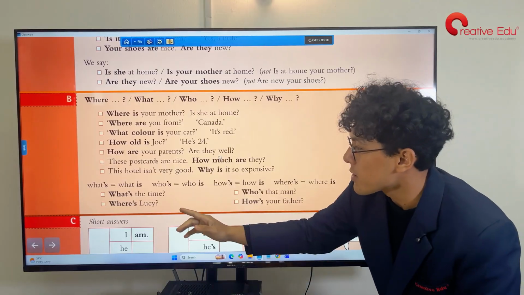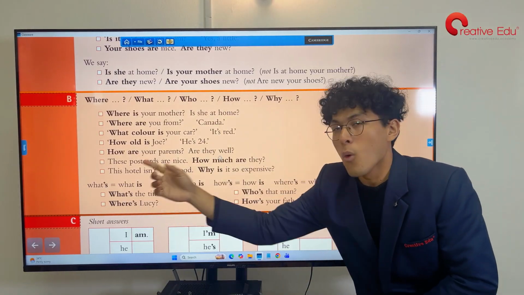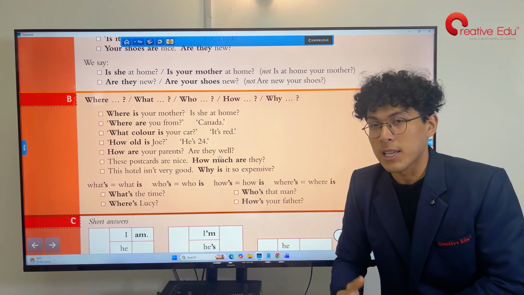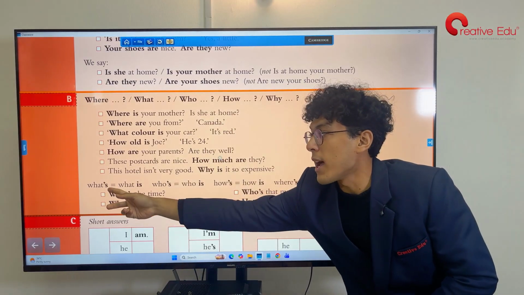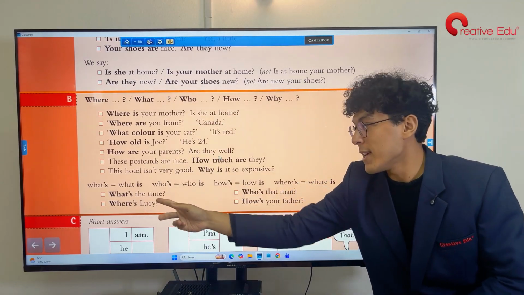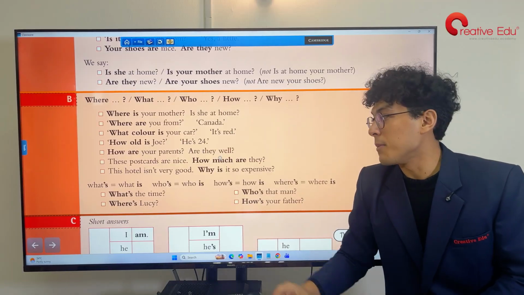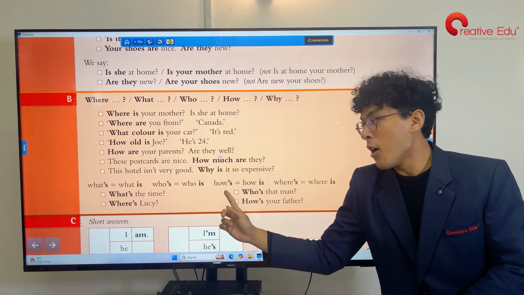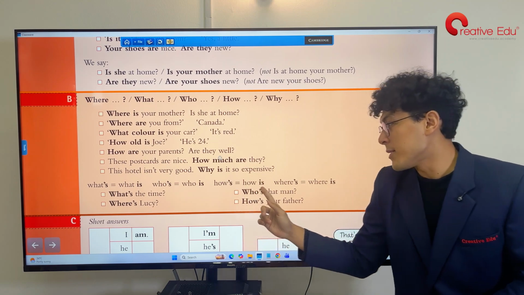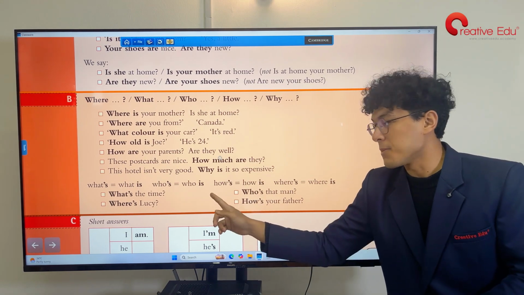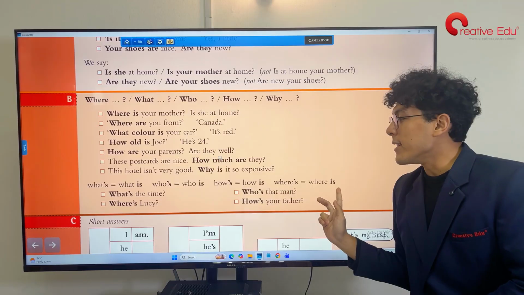Okay, now let's move on to the short forms of these question words. So we have what's for what is, who's for who is, how's for how is, where's for where is.